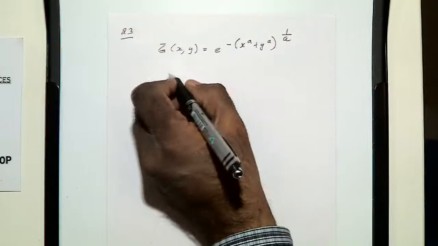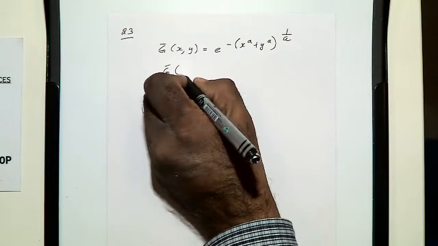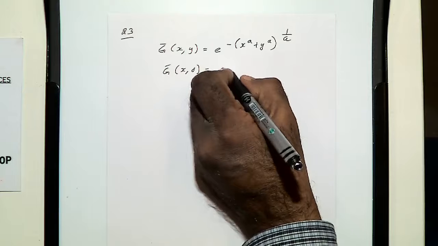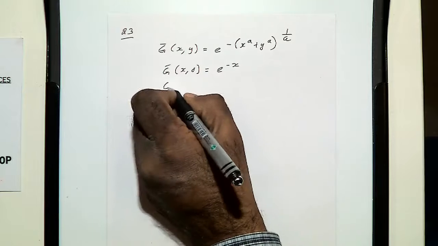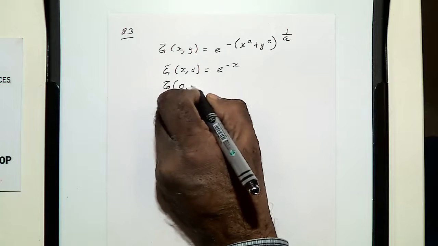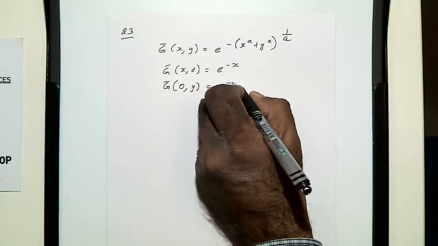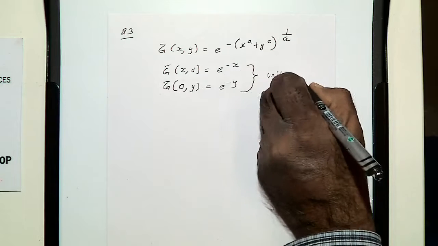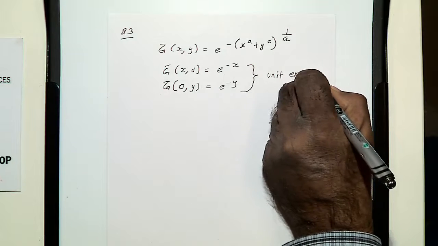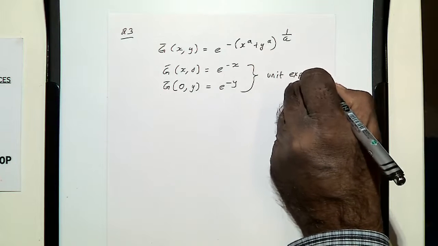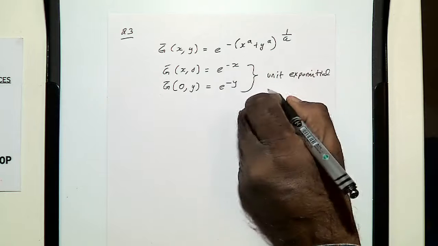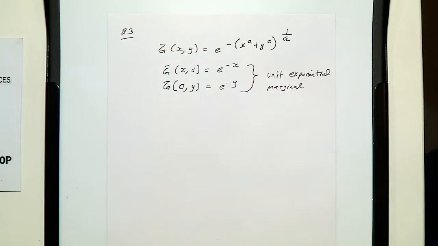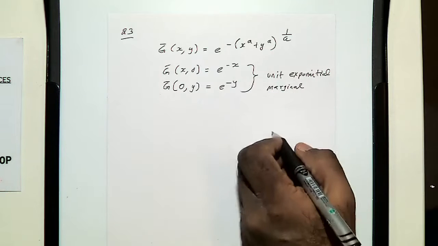Okay. So once again you put y equal to 0. If you put y equal to 0 here, you get e of minus x. And if you put x equal to 0, you get e of minus y. And both these are unit exponential marginals. Right? Marginals.